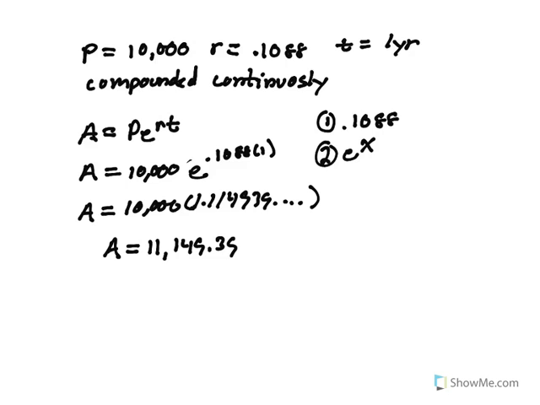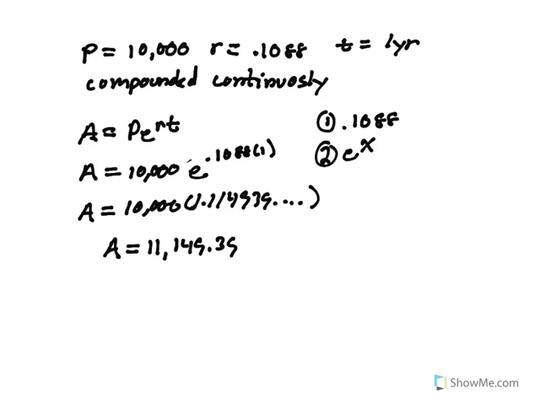Now we compare the calculations and see which one is the better value. Since $11,162.60 is greater than $11,149.39, the rate of 11% compounded daily yields the larger amount after 1 year.